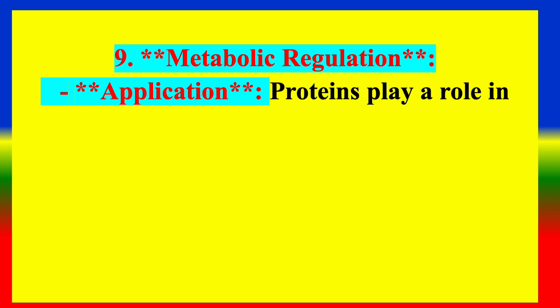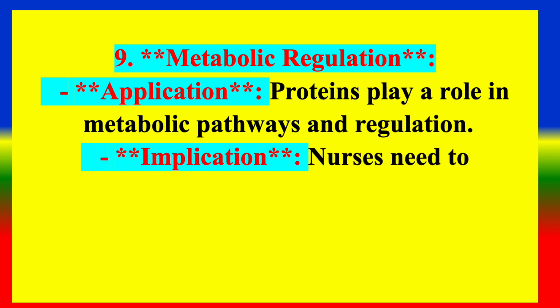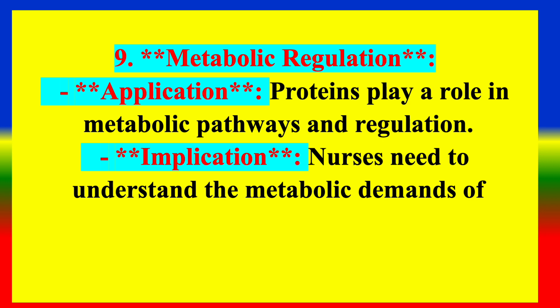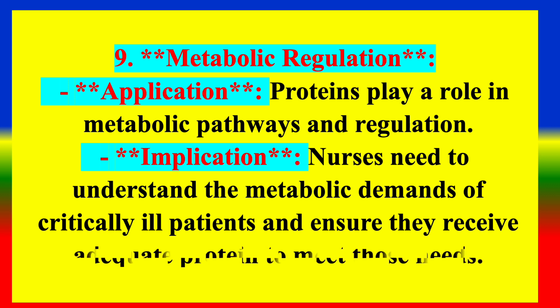Nine, metabolic regulation. Application: proteins play a role in metabolic pathways and regulation. Implication: nurses need to understand the metabolic demands of critically ill patients and ensure they receive adequate protein to meet those needs.